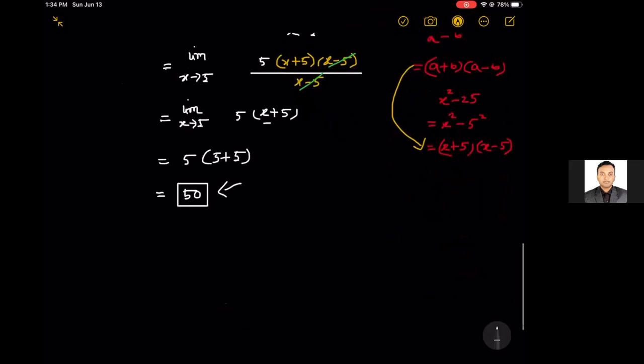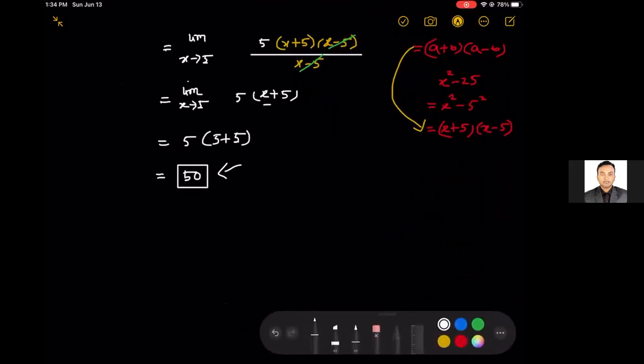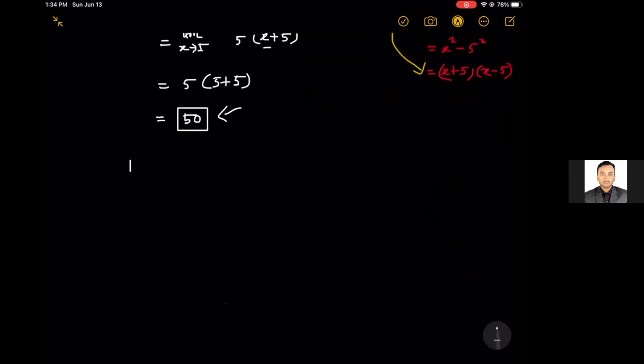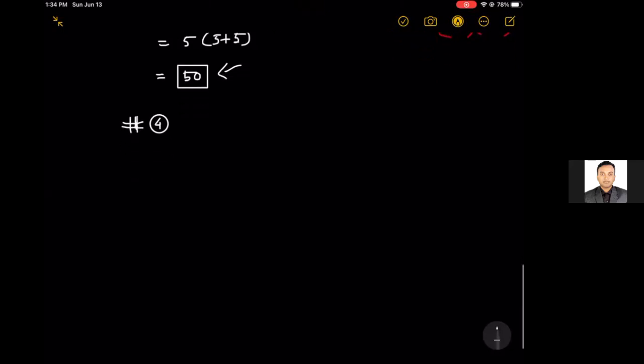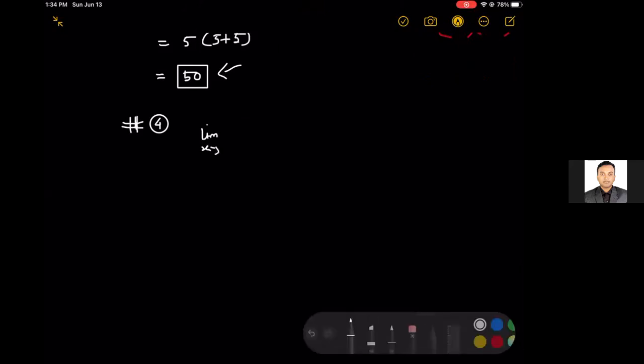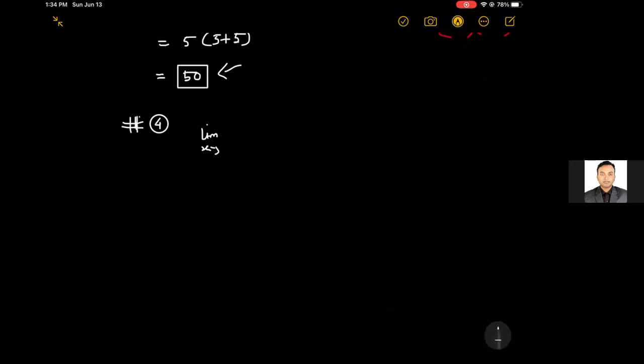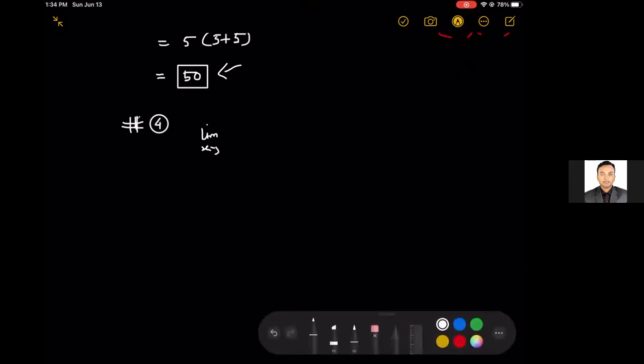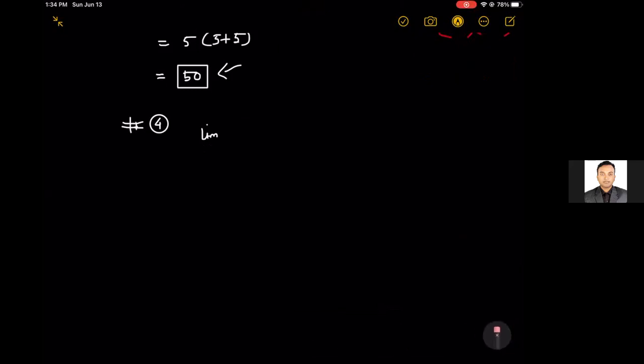So if you have a function, let's say this is our problem 4. If you have a function like this, limit x tends to 0, oops, sorry. Limit x tends to 0.